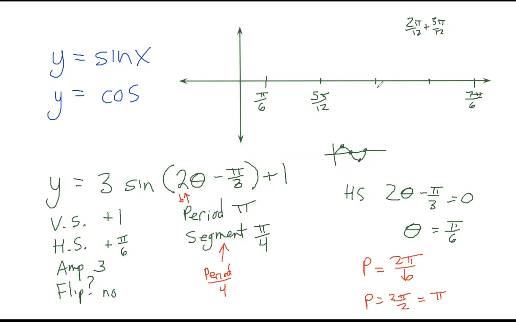This spot is halfway between pi over 6 and 7 pi over 6. So that's 4 pi over 6, which is 2 pi over 3. This is 2 pi over 3 plus pi over 4. So 8 pi over 12 plus 3 pi over 12 equals 11 pi over 12.